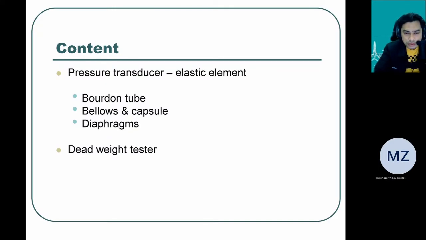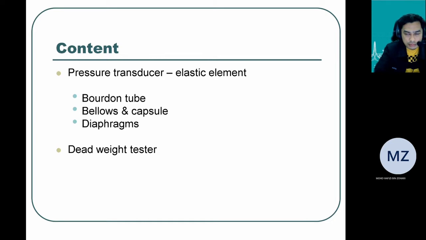This is a lecture on pressure measurement part 2. In part 2, we're going to see about the pressure transducer. If you look at the notes, we will talk about the elastic element, one of the important components in the pressure transducer.